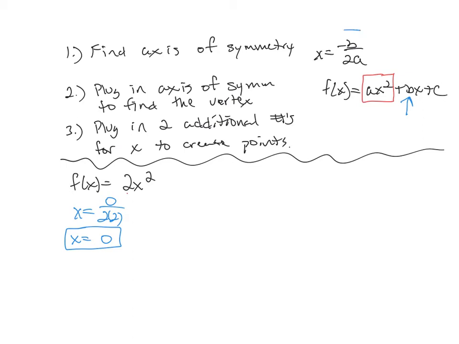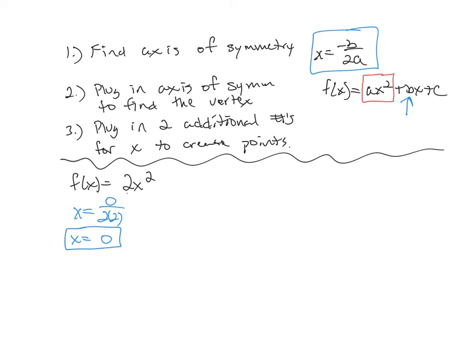You do need to memorize x equals negative b over 2a, because when there is the next part, we've got to do that. Okay, but for today, the axis of symmetry is x equals 0, 100% of the time.